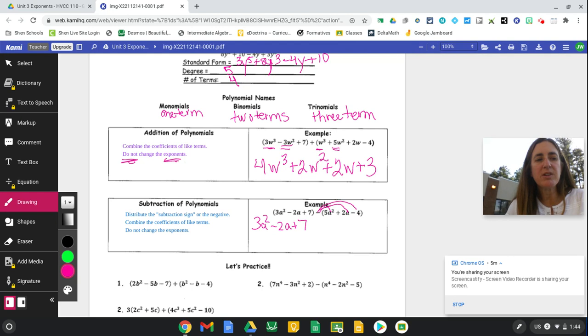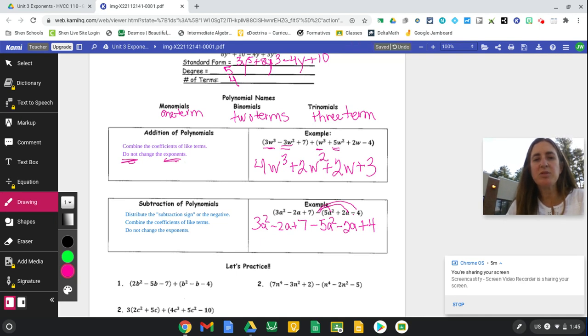You may remember some teachers in the previous years saying, keep, change, change. Keep the first the same, change this sign to a plus, and then distribute your negative. So now this is -5a squared minus 2a, and this negative turns this -4 into a +4.